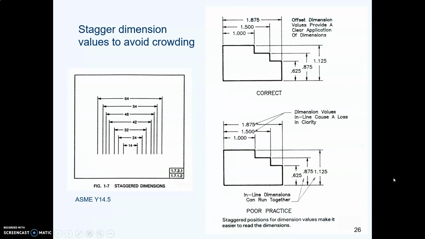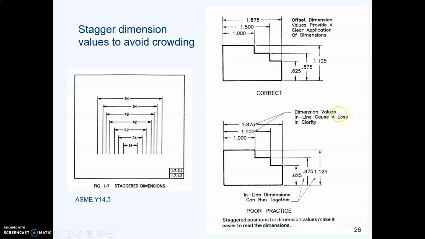Then, when you're dimensioning a whole stack of dimensions, like in this block in the lower right of the drawing, see how in the height dimensions these numbers appear to run together, and then in the width dimensions these numbers are, well, they don't run together, but they're kind of hard to read because they're so close.